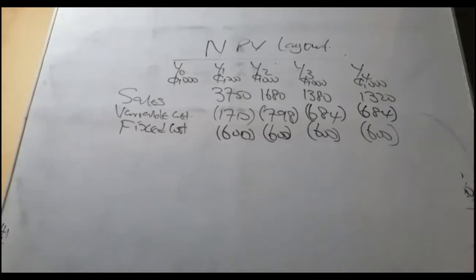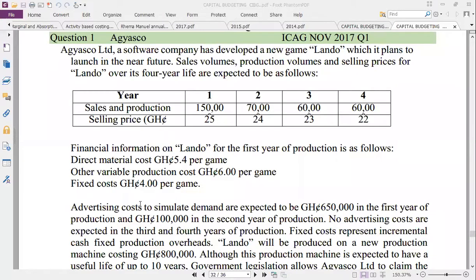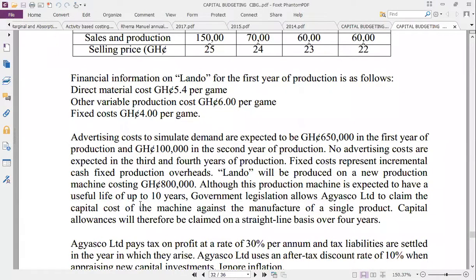Now the fixed costs: the section that explains them says the fixed cost represents incremental cash fixed production overheads. We said that not all the fixed costs are relevant. The relevant fixed cost must be the incremental. So if I don't see incremental attached to the fixed cost, I will not include it.